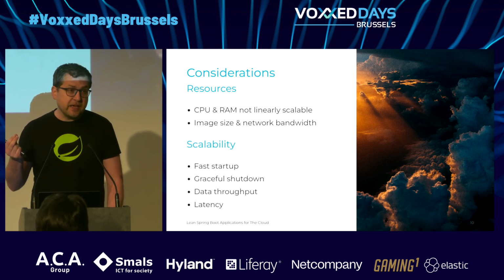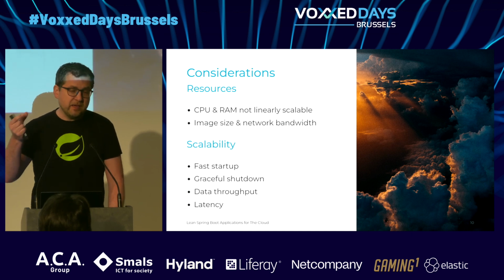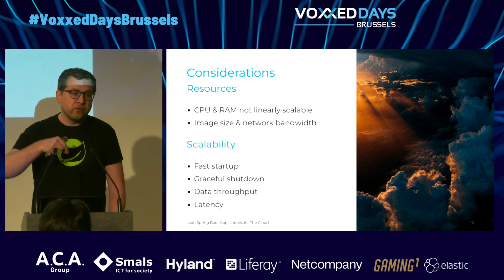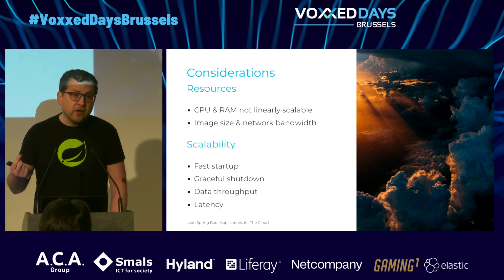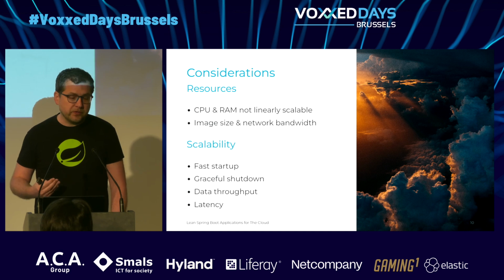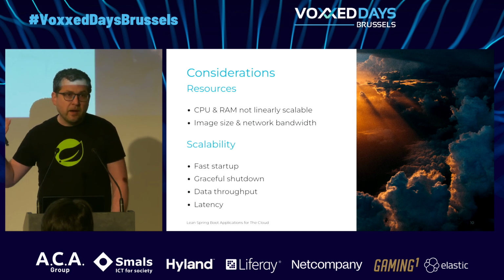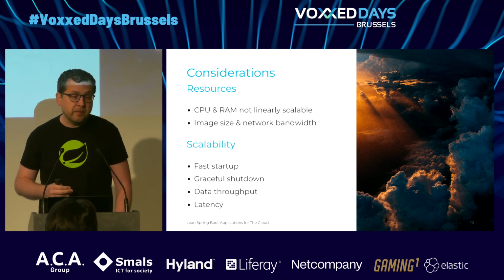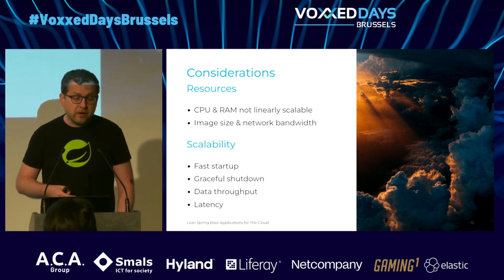They're not linearly scalable with many vendors, so sometimes just a bit more RAM is an issue because you have to pay more for CPU as well. On the other hand, if you have an application as a container image and you need to ship it over the network, the traffic might also cost. It's not only the time in your deployment cycle, how long it takes for your container image to get to a node where it will be started, it's also sometimes about the traffic you generate, right?